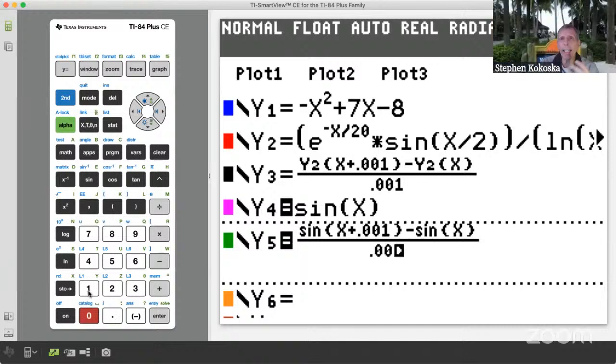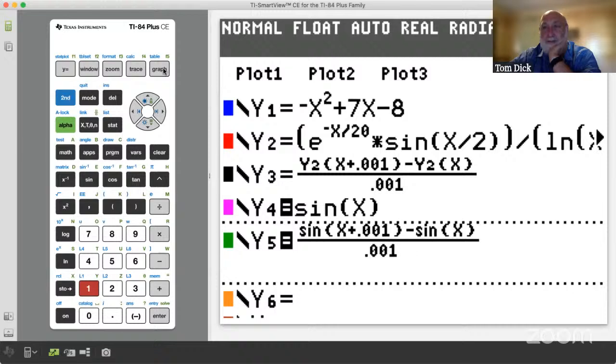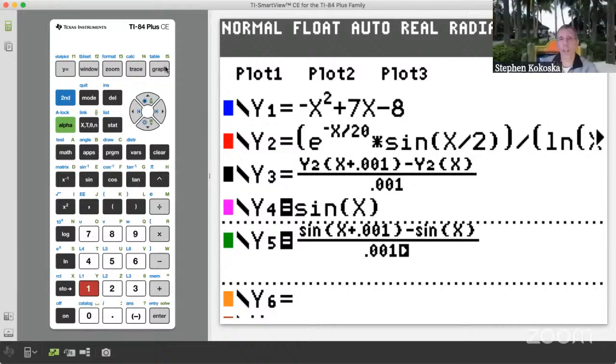So why again, Curtis, should this work? Because that expression is an approximation to the derivative of the sine at each value of x. So if this function sine is, what was your phrase, Tom, pretty well behaved, this should give us a pretty good idea about what this derivative looks like. So we're going to get a graph.